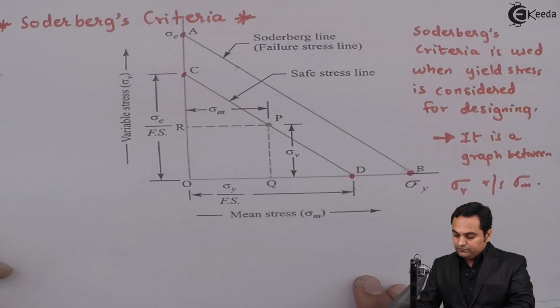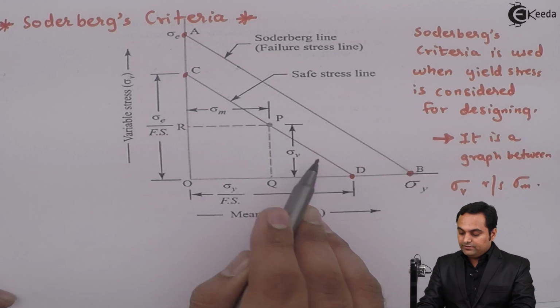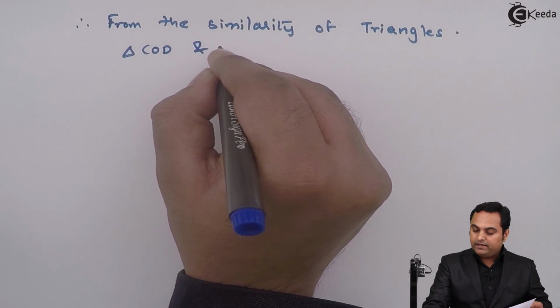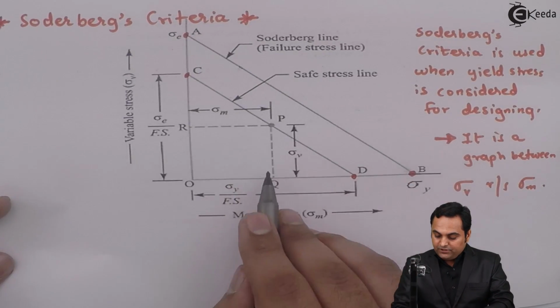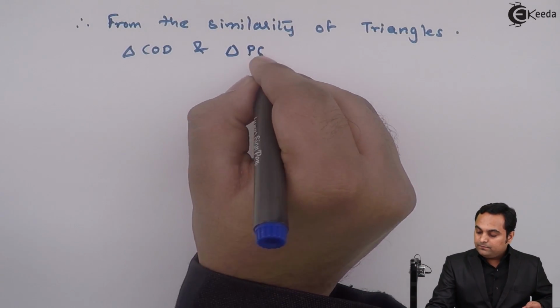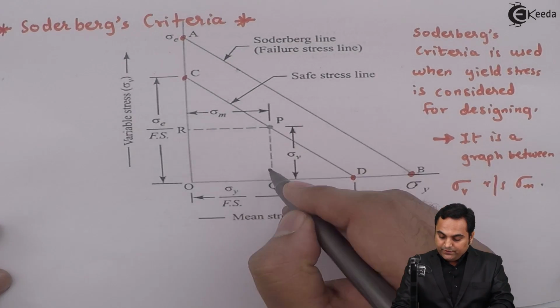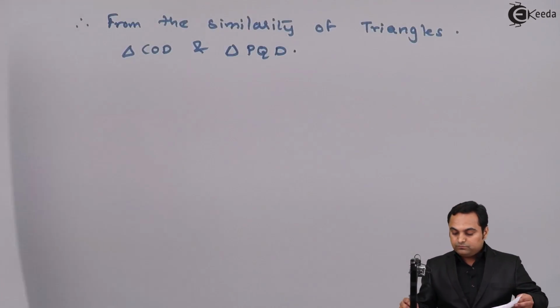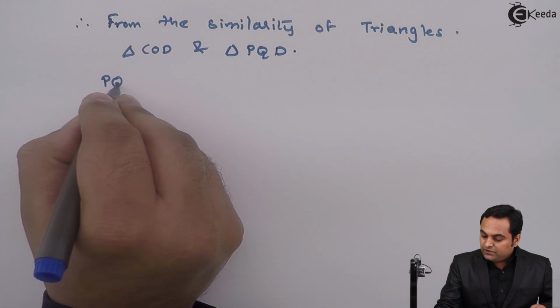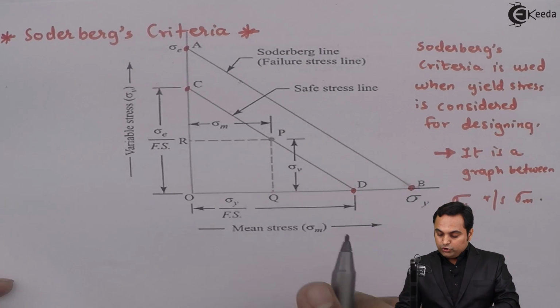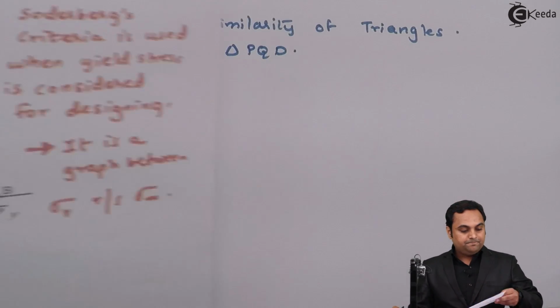First of all, triangle COD, the bigger triangle, and triangle PQD. Now in that I can write down PQ upon OC will be equal to QD upon OD.